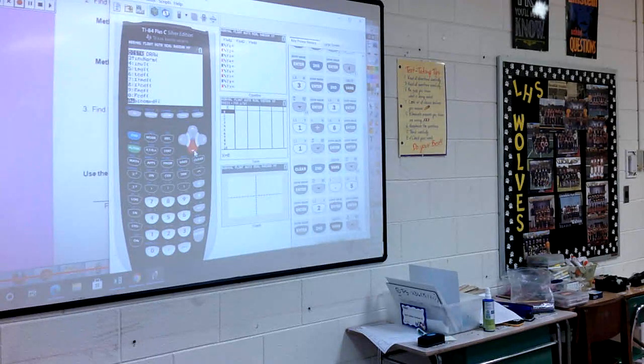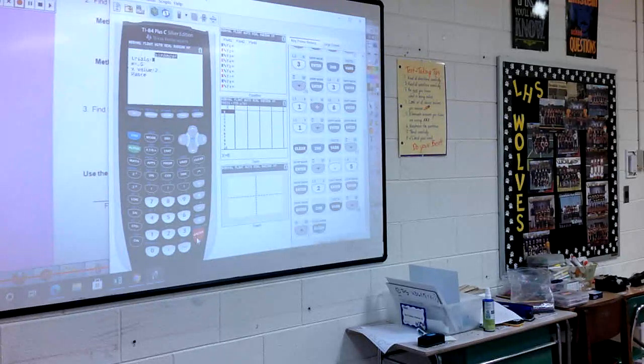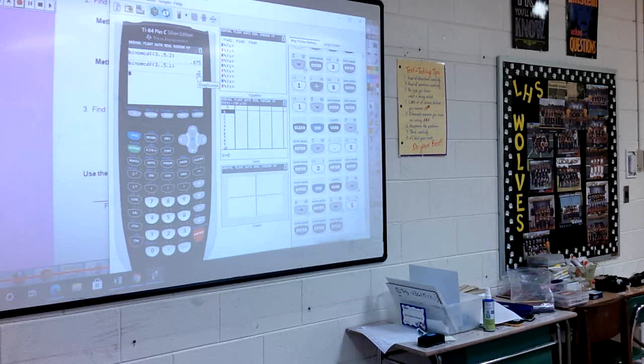We would go find binomial CDF and say, what's the probability that the couple has up to one girl? So 0 or 1 girl. And it is 0.5, the probability that the couple has 0 girls or 1 girl.